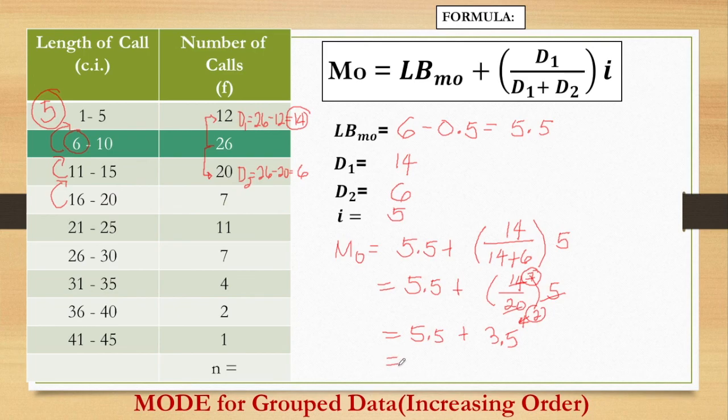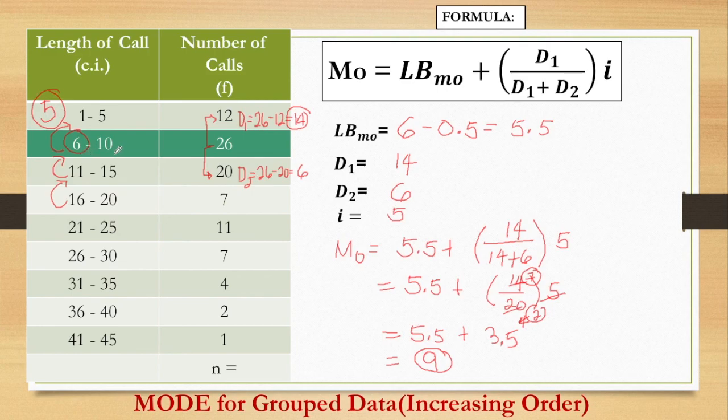So 5.5 plus 3.5 is equal to 9. So therefore, the mode for this frequency distribution table is 9, and 9 falls in between 6 and 10.